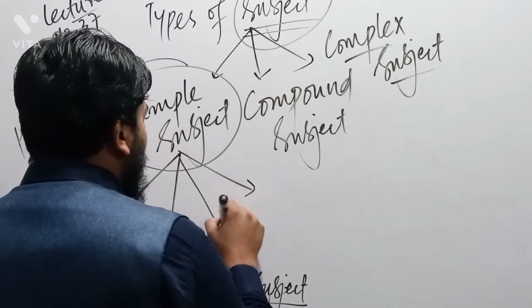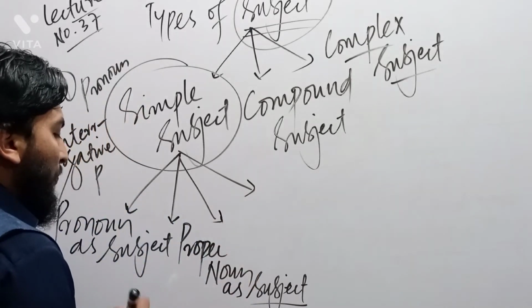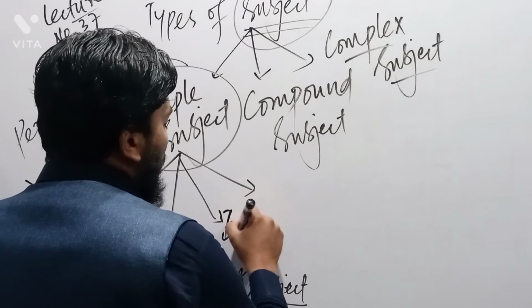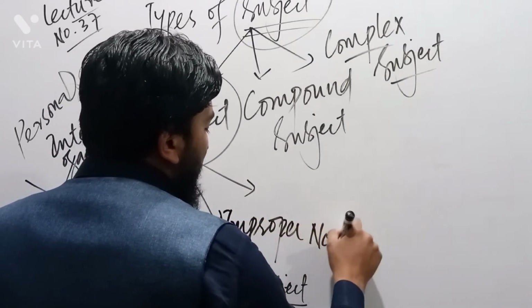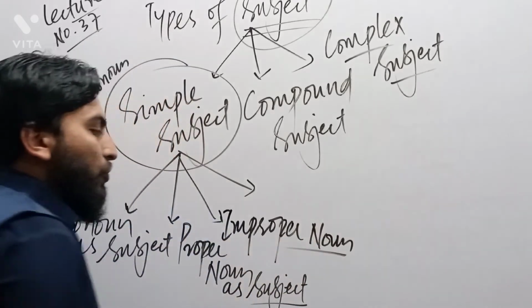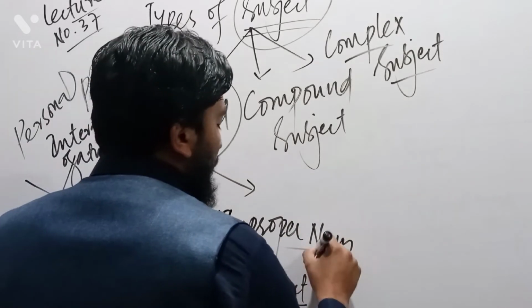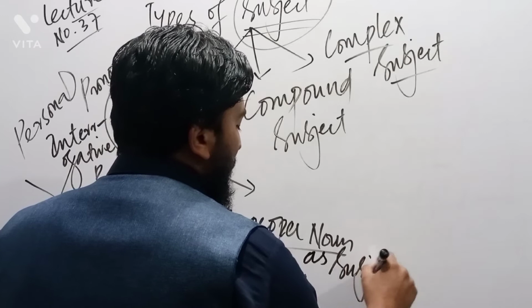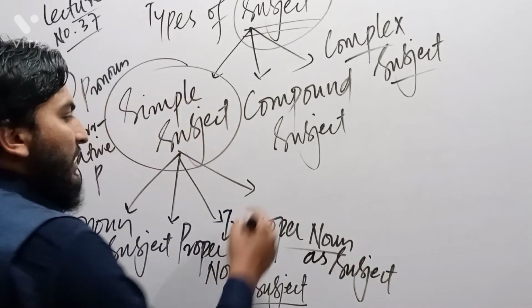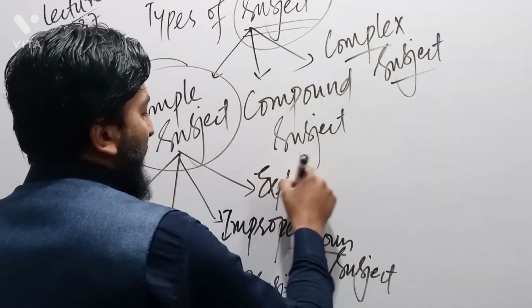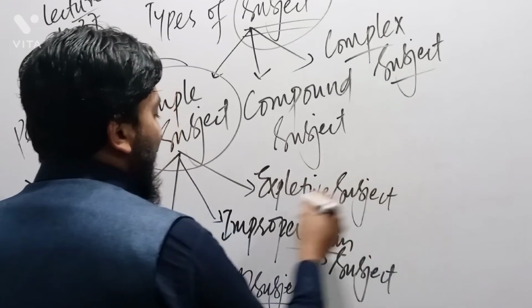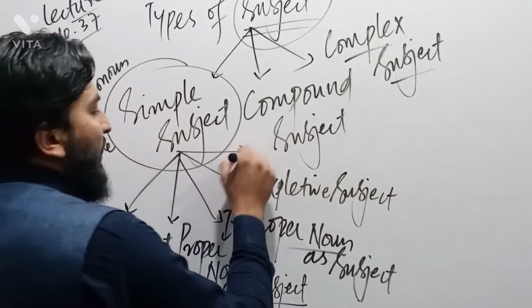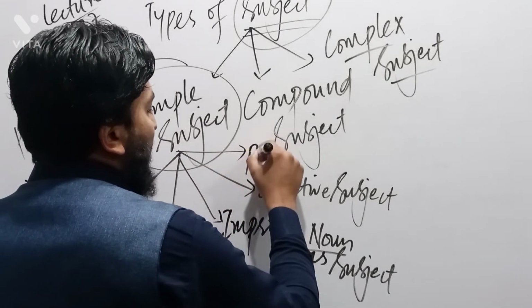The third is, when we say proper noun, there is also improper noun, and this improper noun is also used as subject. The fourth one is expletive subject. And we also have another one which is called preparatory subject.